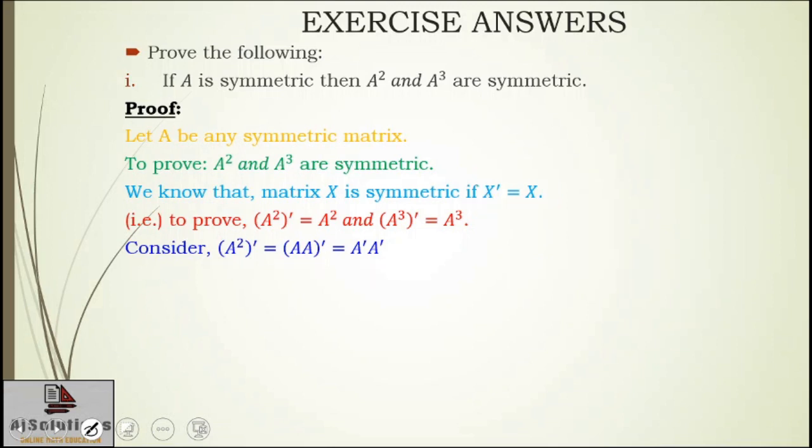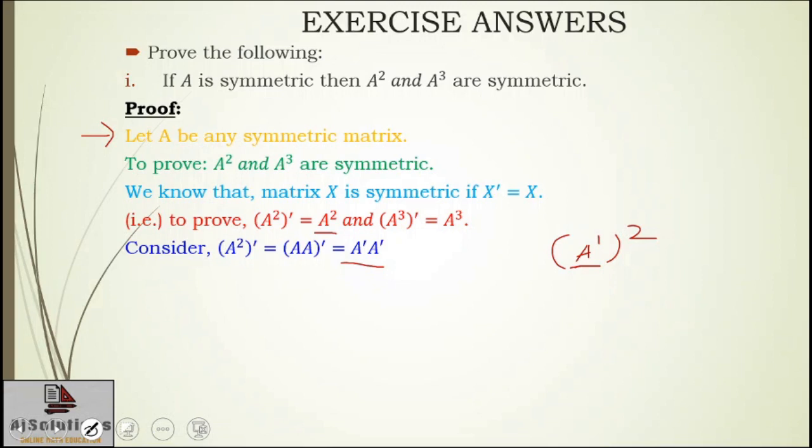After that, you have to compare what you have and what you want. If you compare, you have A transpose into A transpose, nothing but the square of A transpose, but you want A square. So in place of A transpose, you actually want A. How to get that? You have to go to your assumption.